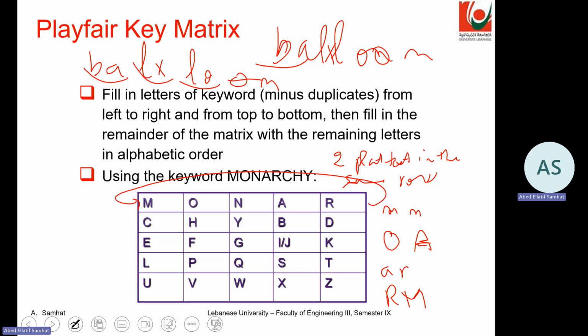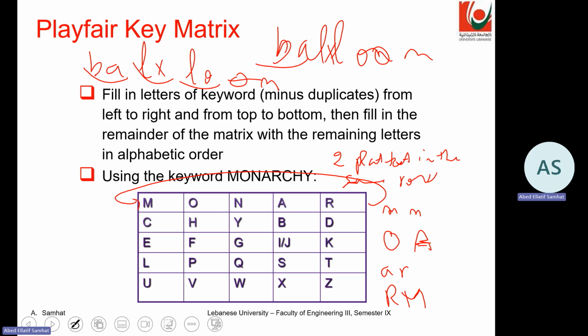And the last case is if we have two plain text letters in the same column. In this case, we also have to shift.